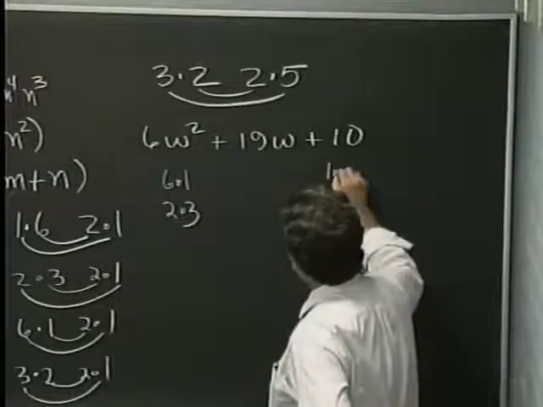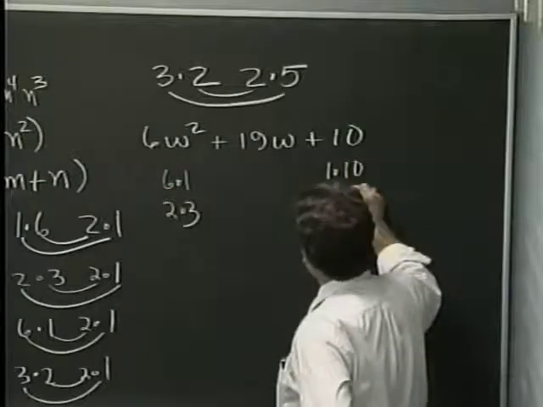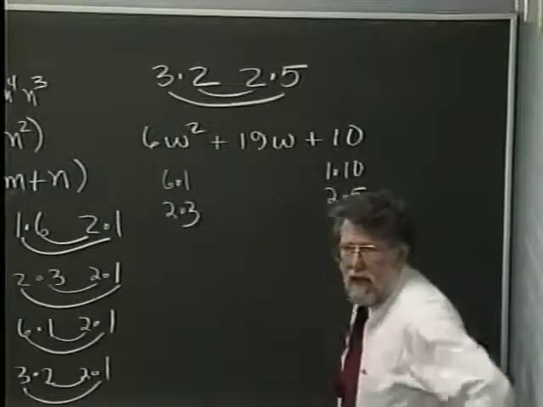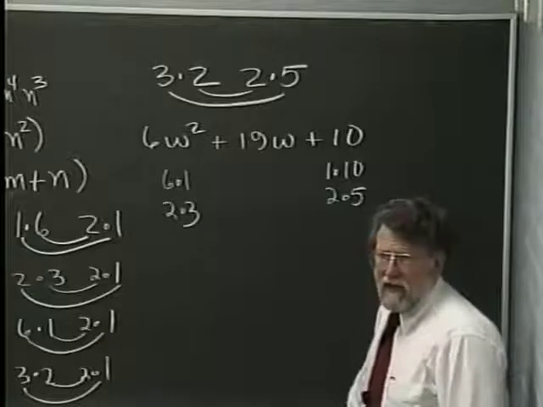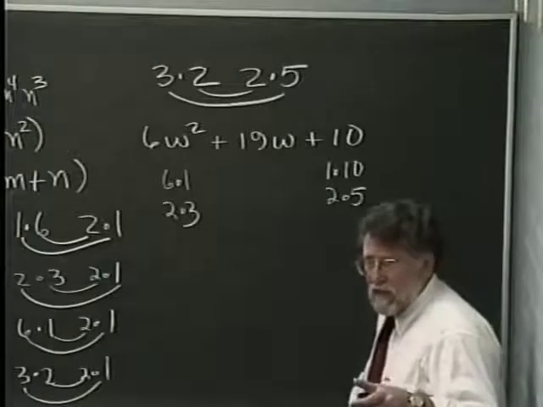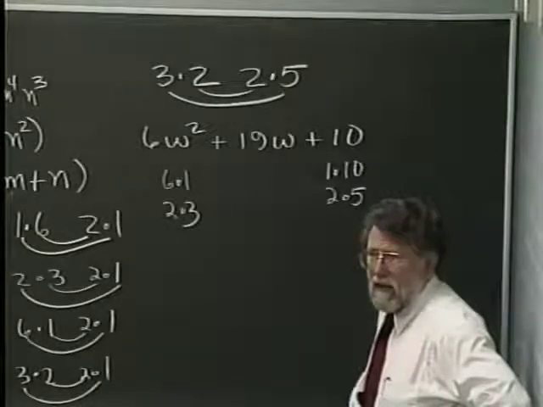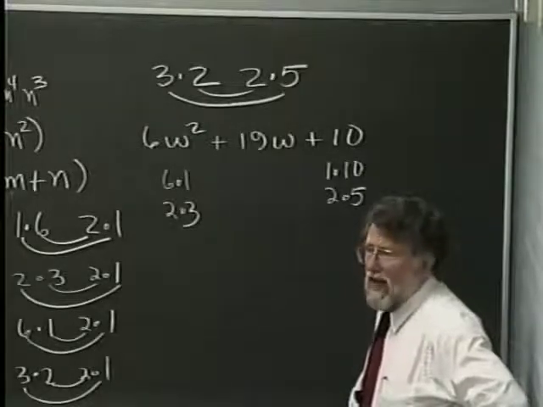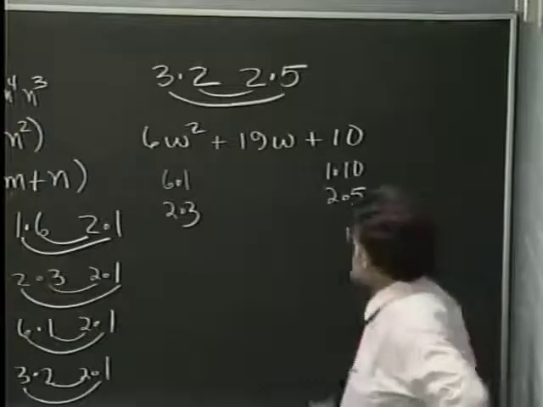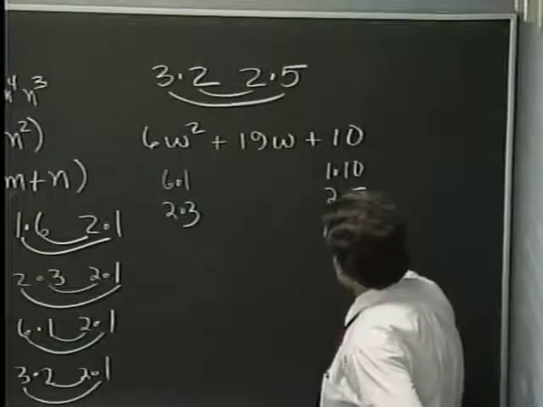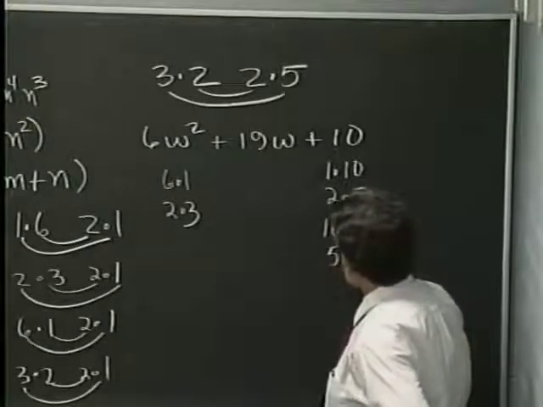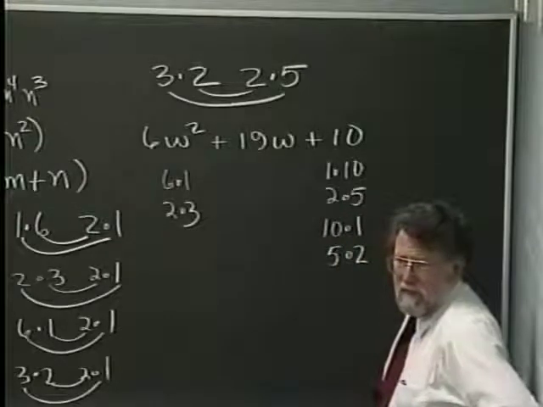In the 10, you take 1 and 10, 2 and 5. So you have your possible factorings by two numbers. Have I left anything out? Yes, I have, because I didn't reverse one side of it. I have to reverse one group of them, so that means I get to increase my choices.